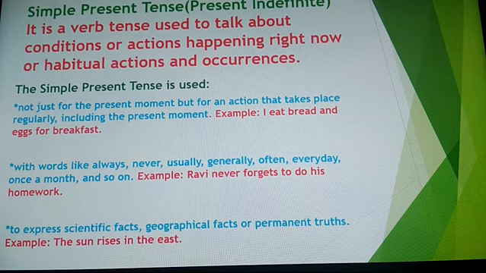Now next, simple present tense is used to express scientific facts, geographical facts, or permanent truths. So when you are talking about facts, what type of facts? Scientific, geographical, and permanent truth. Example: the sun rises in the east. This is the example.